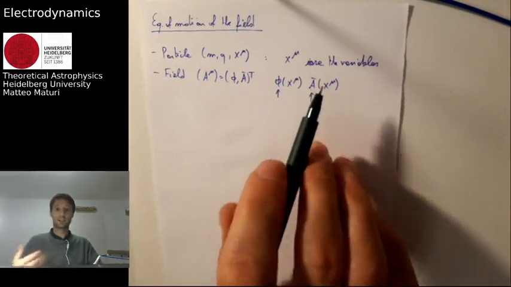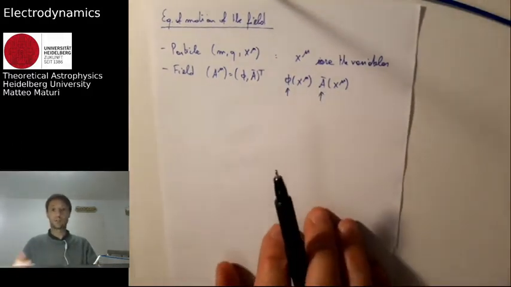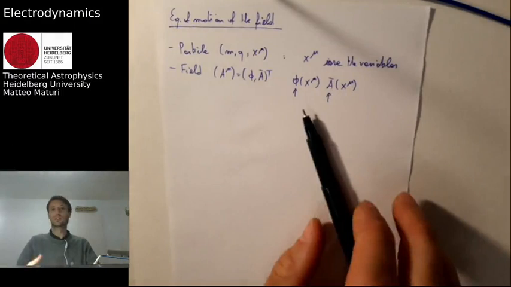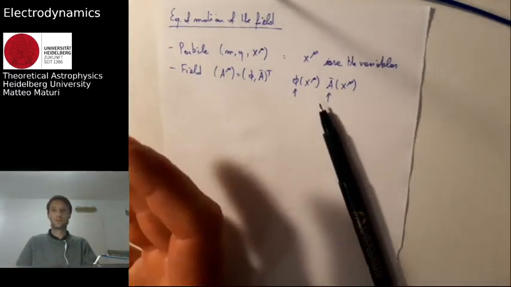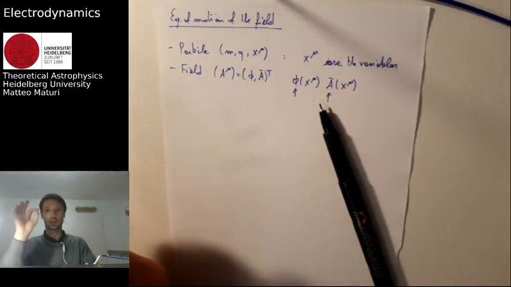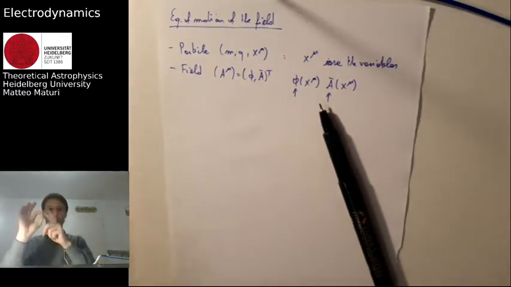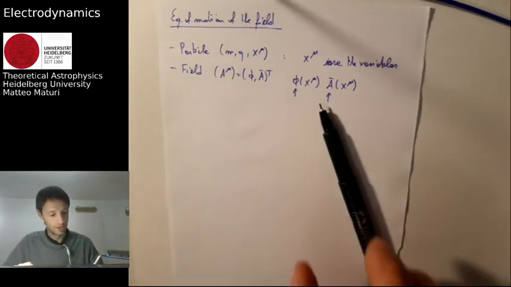Okay, I made the example of the temperature a few lectures ago, where I just said, okay, I want to know what is the evolution of the temperature on Earth. So I'm asking myself what is, in a certain location, the temperature at a certain time. So I'm studying the evolution of the temperature here for all positions. So here, and so on and so forth.